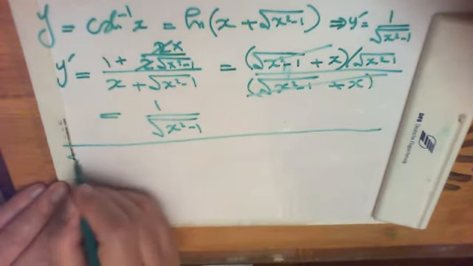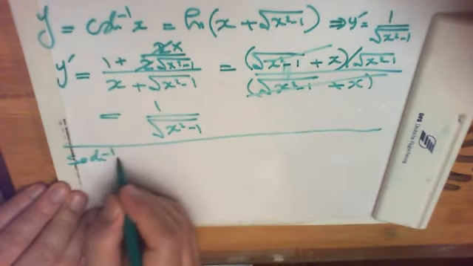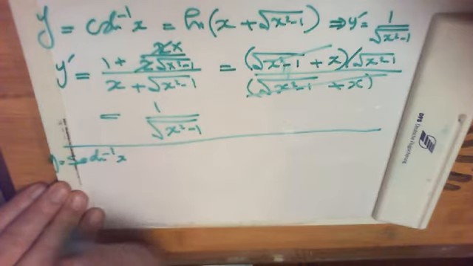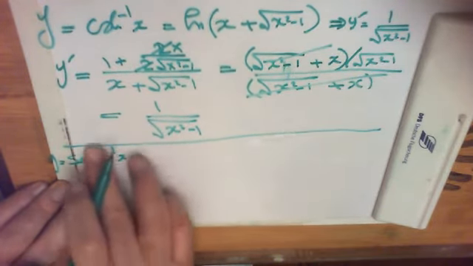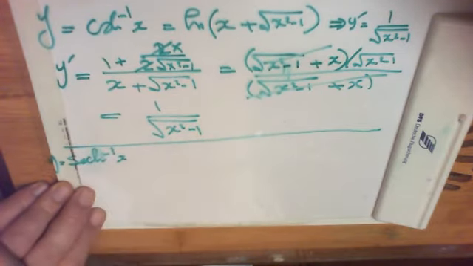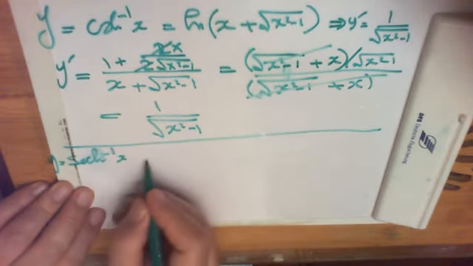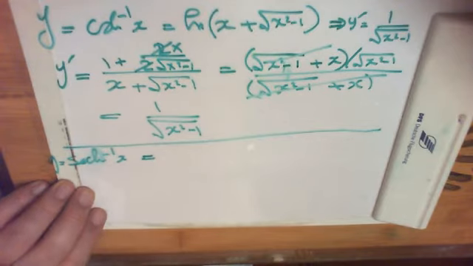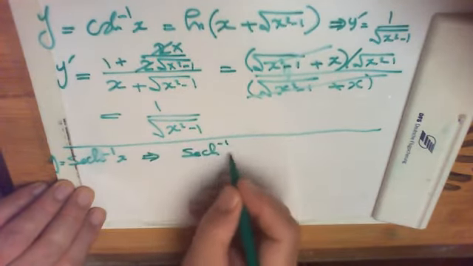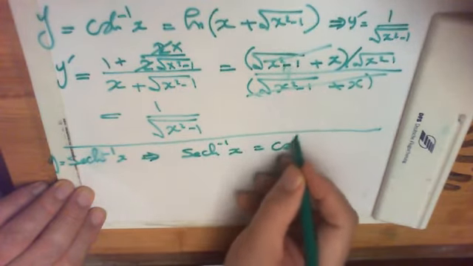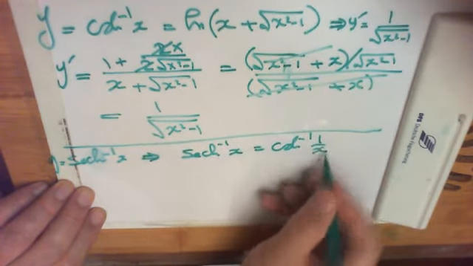now for sech minus 1, y equals sech minus 1 x. What about its logarithmic form? As we said before, sech minus 1 x is cosh minus 1 of 1 over x.